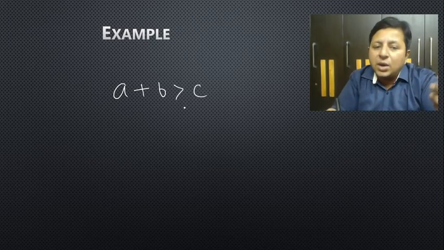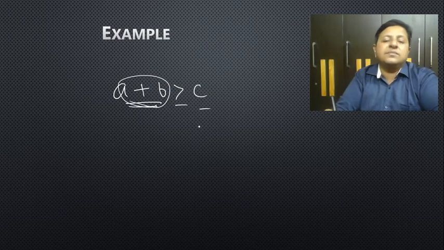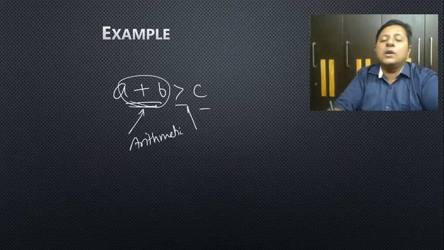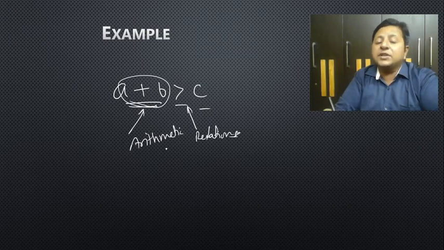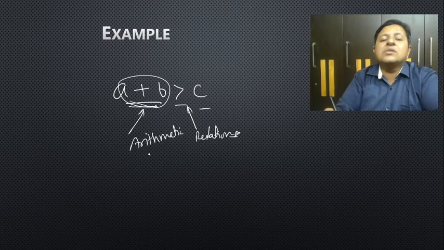Now, without even thinking, we already know that A + B will be done first and the answer is to be compared with C. That clearly states that the precedence of arithmetic operators is higher than the relational operator. And if you remember, you have found the relational operator after the arithmetic operator in the precedence table. So that's how the precedence is so obvious.